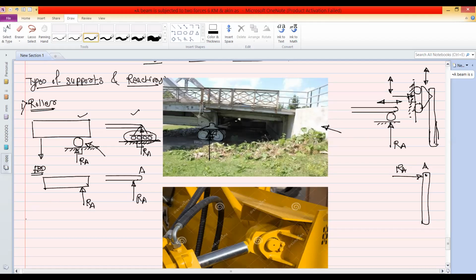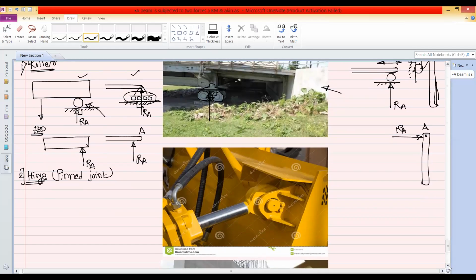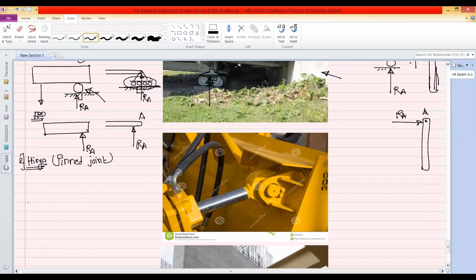Then second support, it is the hinge support. It is also called as pin support or a pin joint. So hinge support, it allows the rotation.